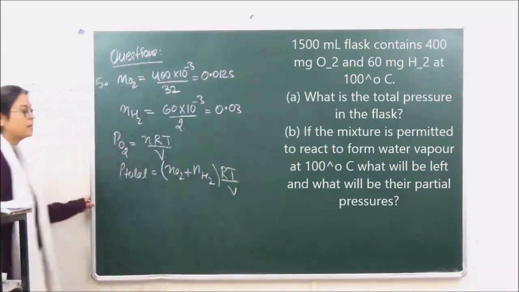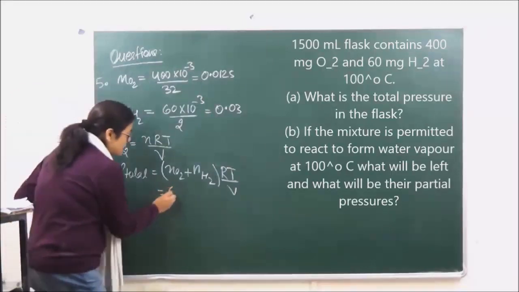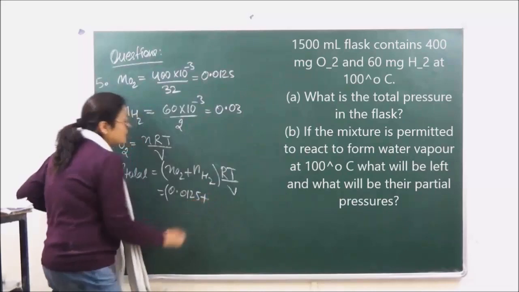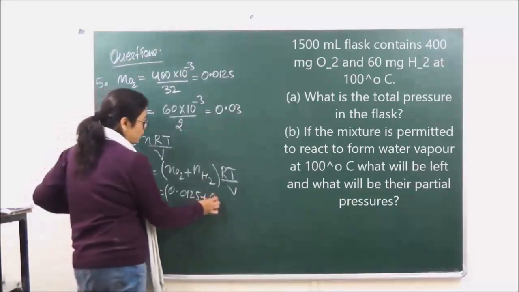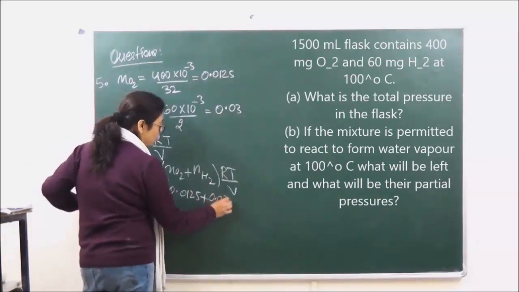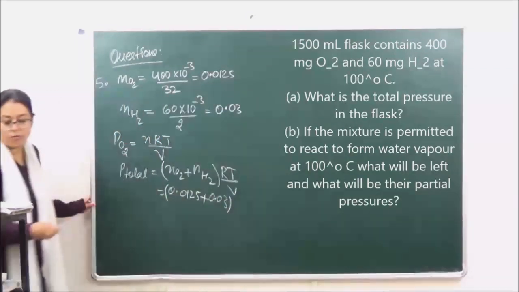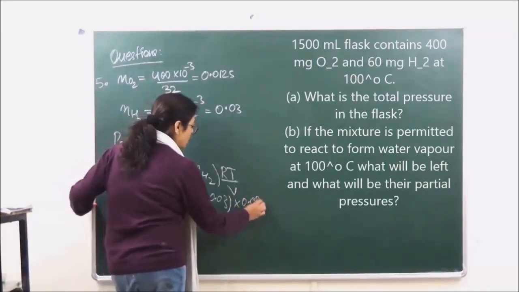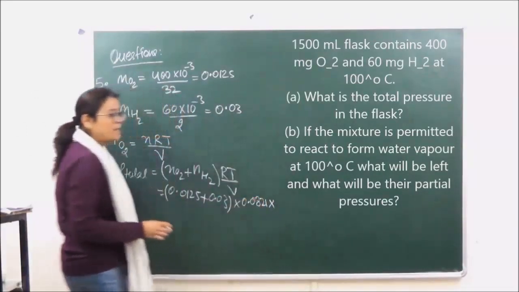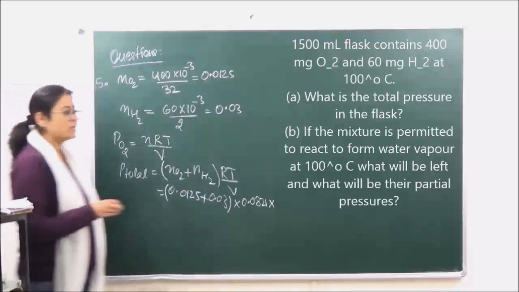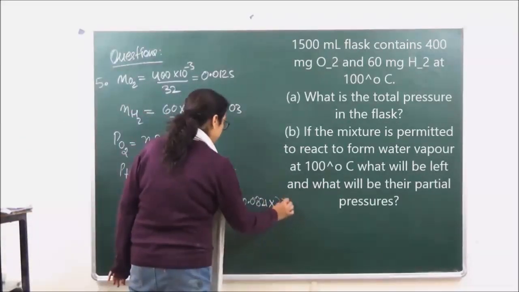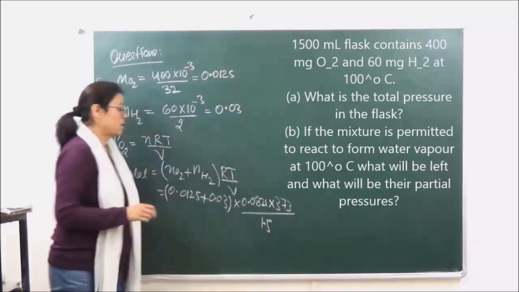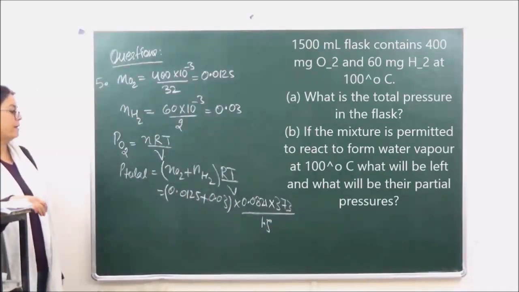RT upon V. N of O2 that is 0.0125 plus N of H2 that is going to be equal to 0.03. The value of R is going to be 0.0821 into temperature given to us is 373 upon 1.5.